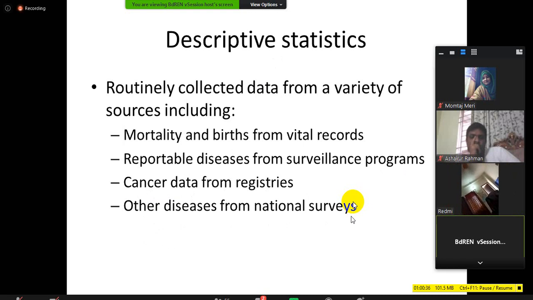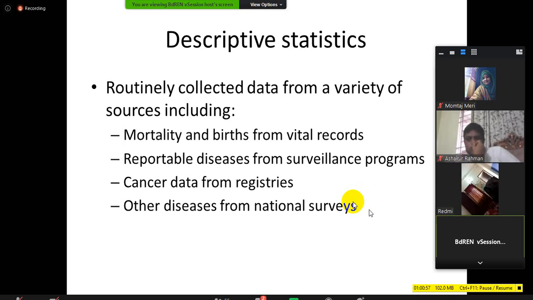So in many countries, especially in the USA, in developing countries, they have a lot of registry, they have also maternal death registry, then child death registry. So every child death is recorded in that registry. Okay.